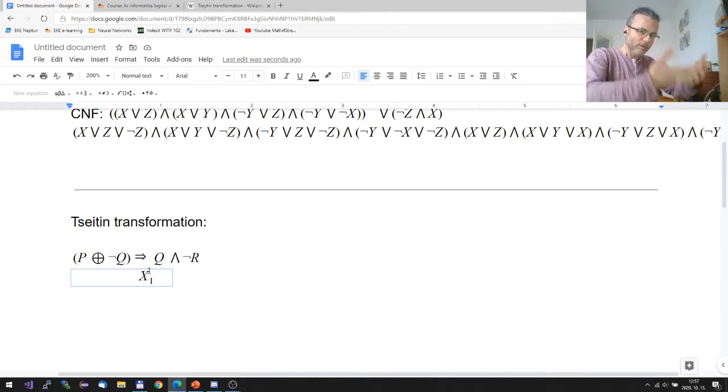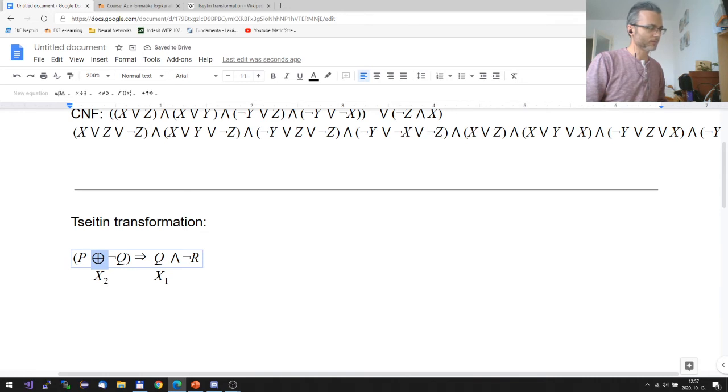Then we are going to go deeper. So let me introduce the second variable for this XOR. Let me just use parentheses here.